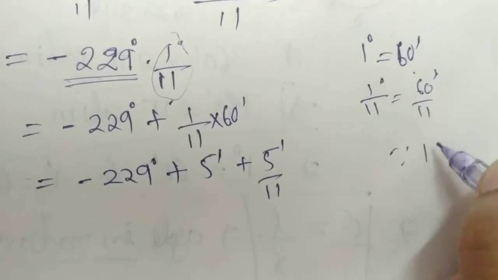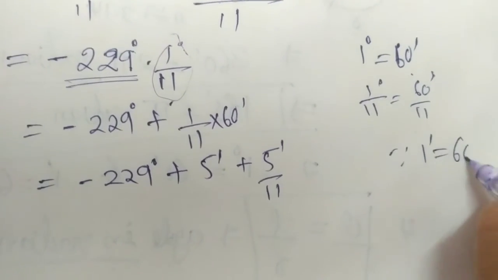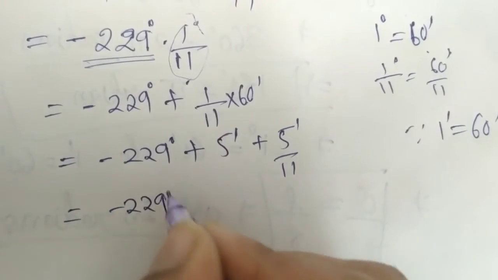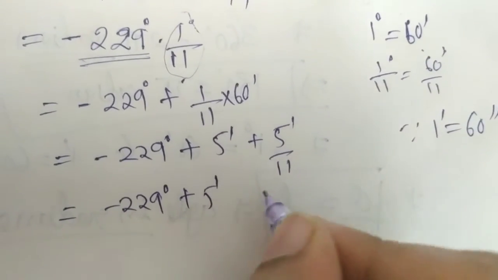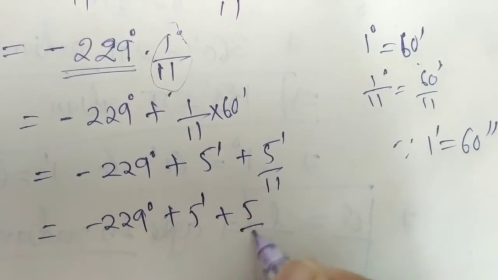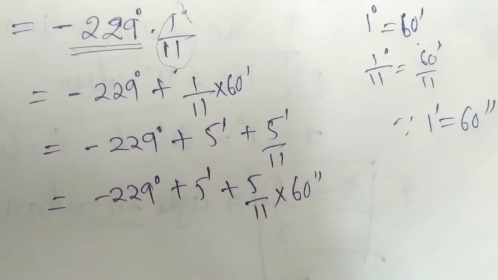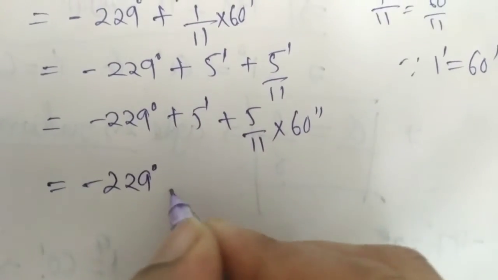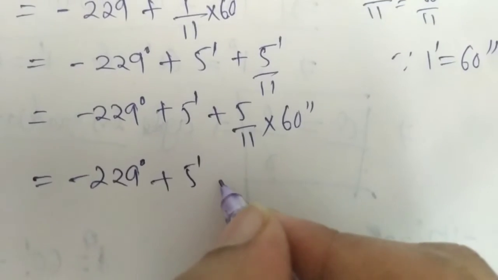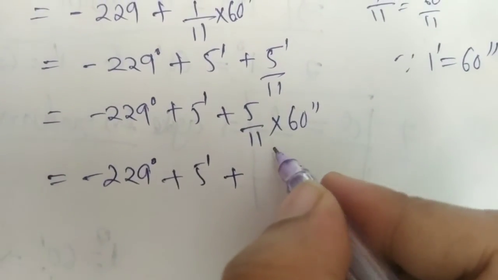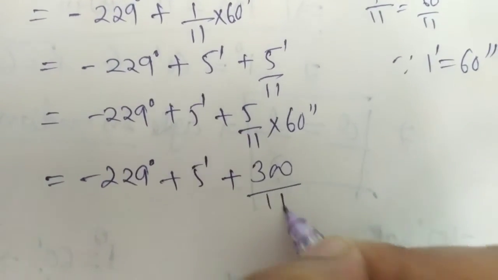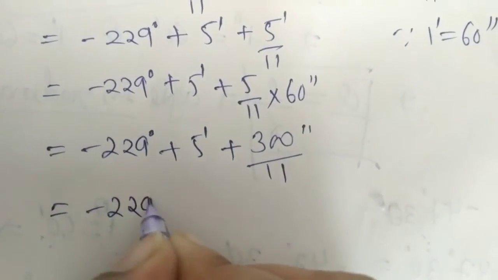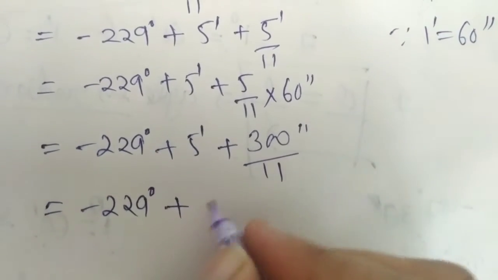Again I know that 1 minute is equal to 60 seconds. So I convert it like this: minus 229 degrees plus 5 minutes plus 5 upon 11 times 60 seconds.